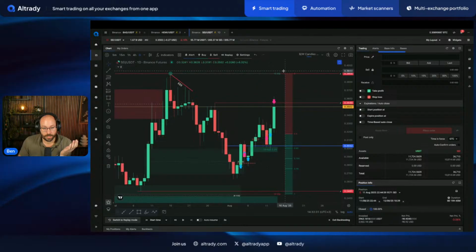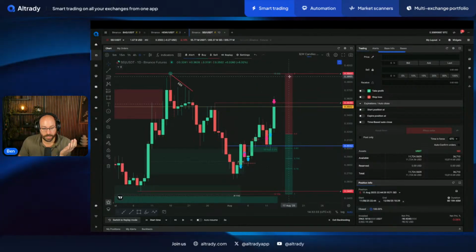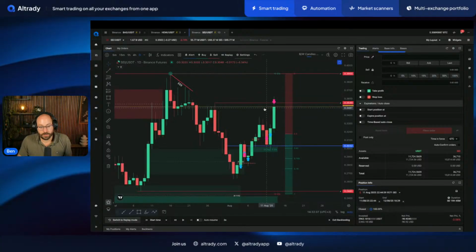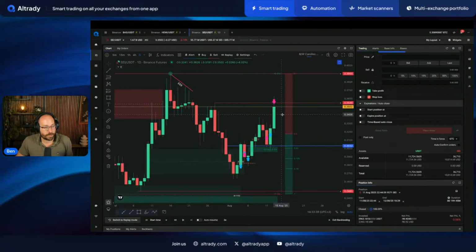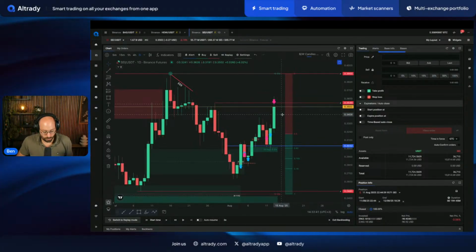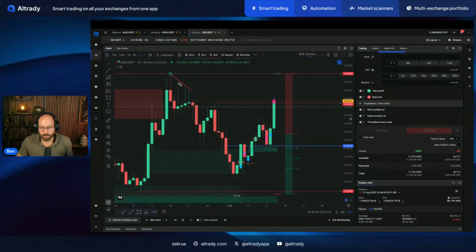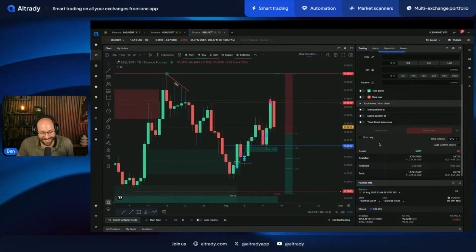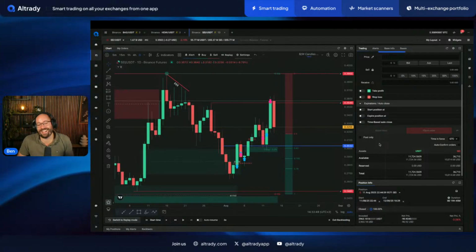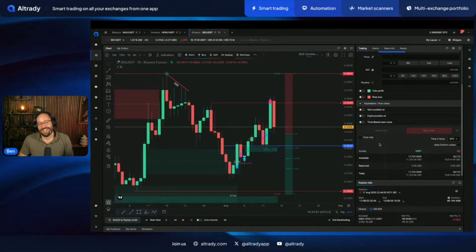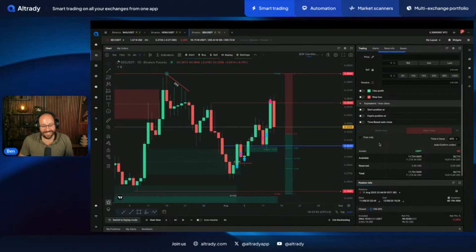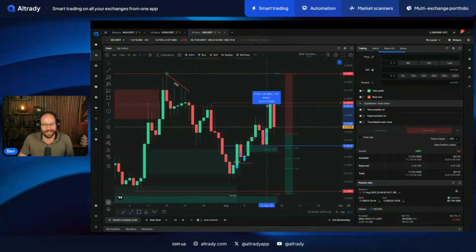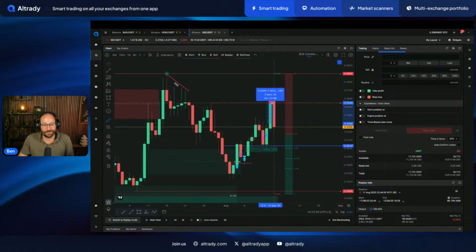So this target is definitely a possibility. This will create another fair value gap probably if we go one further. Yeah, nope, not so bullish.